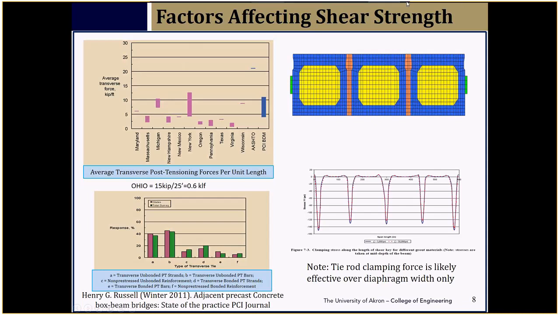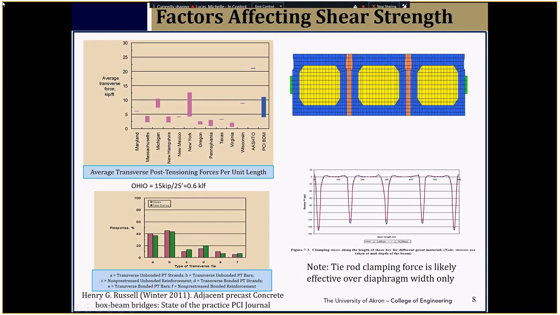What we found from our literature review, which comes from a PCI state-of-the-art report, is that a lot of DOTs are using unbonded post-tensioning strands. Some are post-tension bars, but strands and bars are the most common tying mechanisms that others are using.